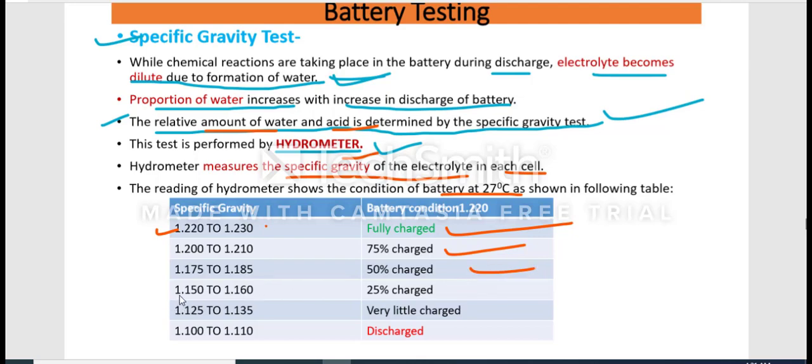If it is 1.150 to 1.160, then it is a 25% charged battery. If it is 1.125 to 1.135, then there is a very little charged battery.